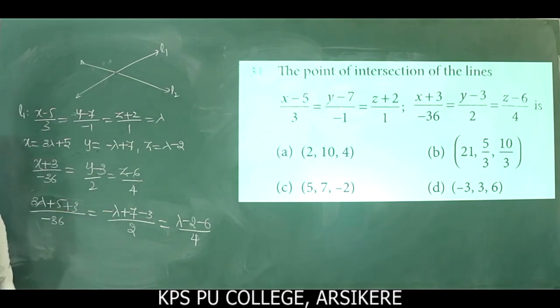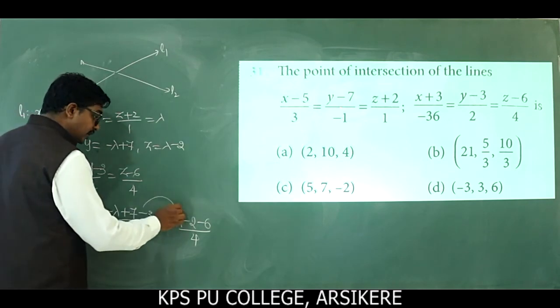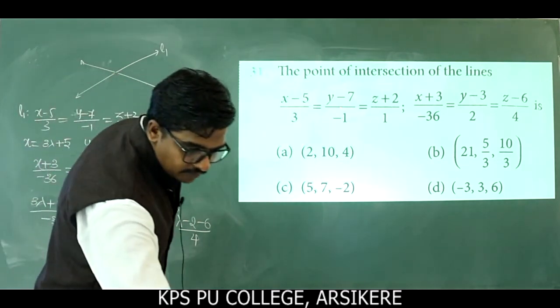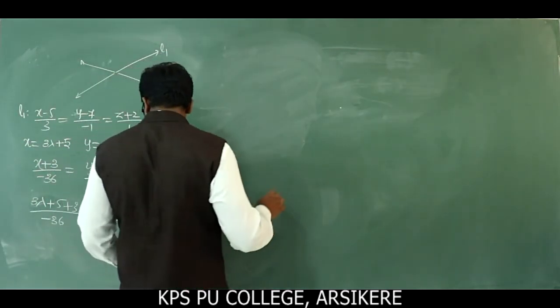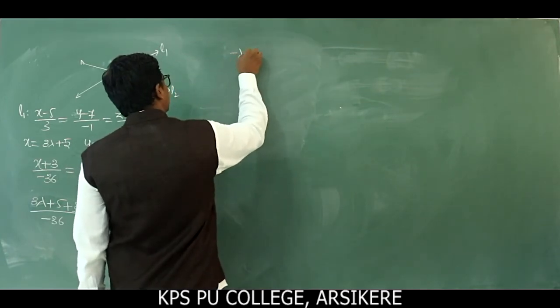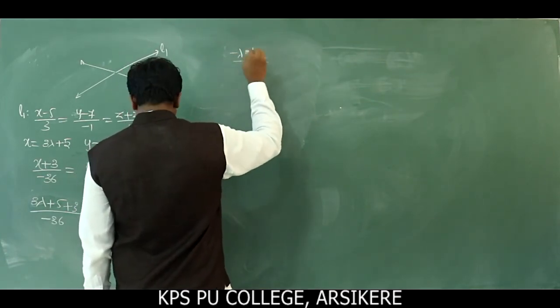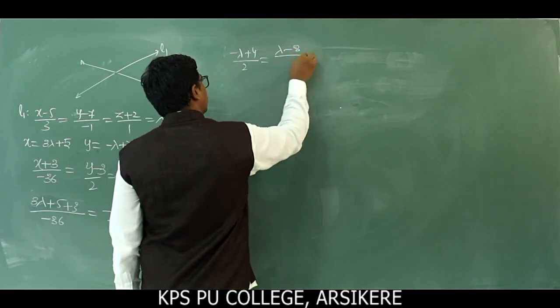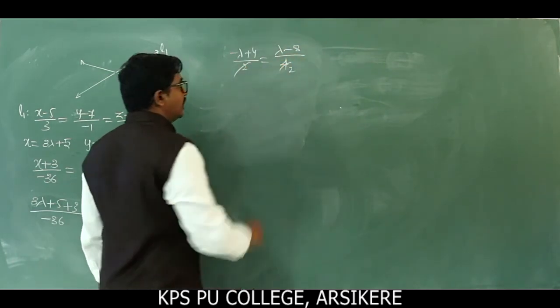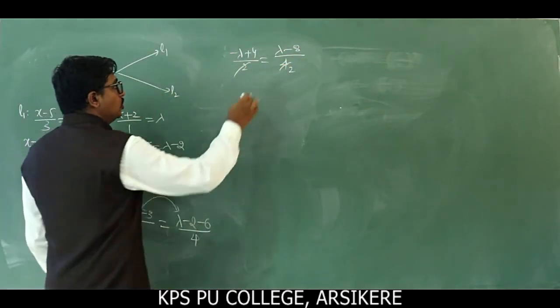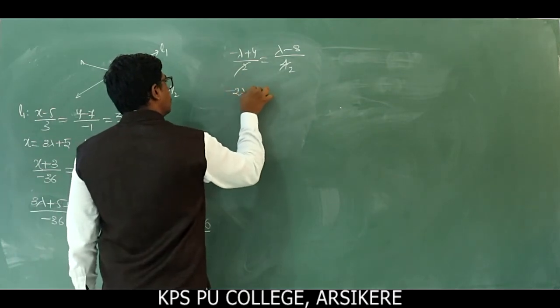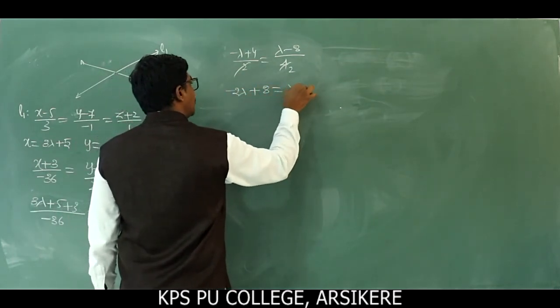Here we have to equate any two values. We get the value of lambda. So better to equate the second and third term. If I simplify the second and third term, we are left with (minus lambda plus 4)/2 is equal to (lambda minus 8)/4. The 2 and 4 get cancelled. Let's take cross multiplication. 2 into minus lambda is minus 2 lambda plus 4 into 2 is 8, is equal to lambda minus 8.